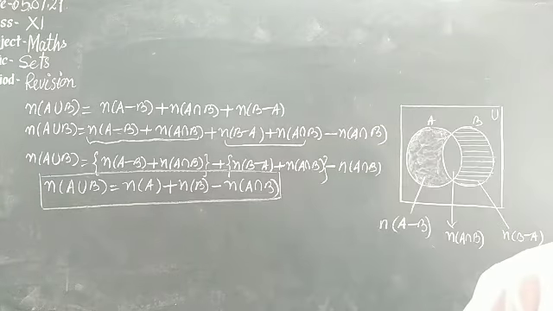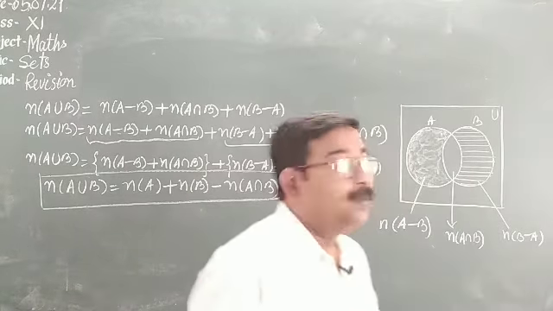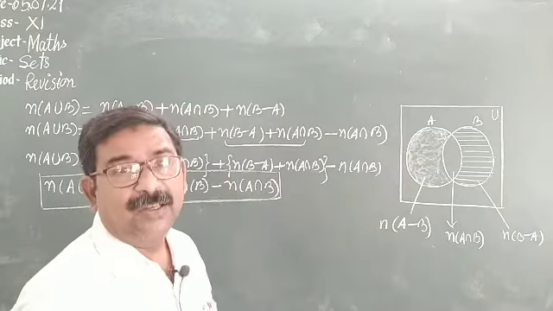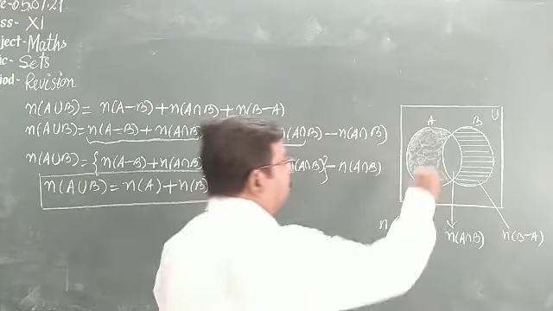Now this can also be solved with the help of Venn diagram. How to solve with the help of Venn diagram? It has three sections in it. You can write the name of the sections.